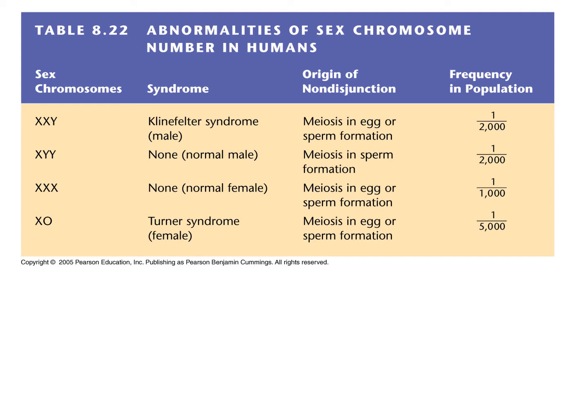In addition to chromosome number 21, the X and the Y chromosome also can be present in extra or missing counts and still have a viable fetus and a viable individual. So here we see some aneuploidies of the sex chromosomes. And one of the more common ones is Turner syndrome and Klinefelter syndrome.